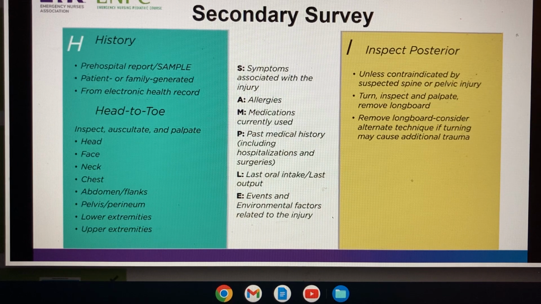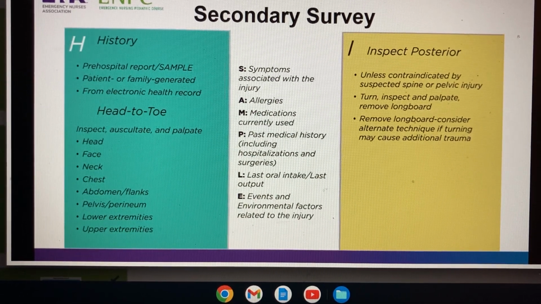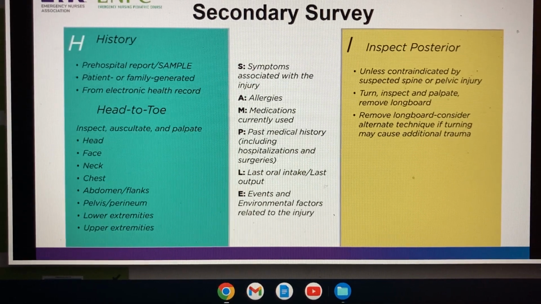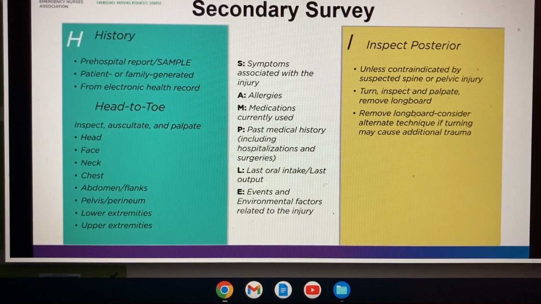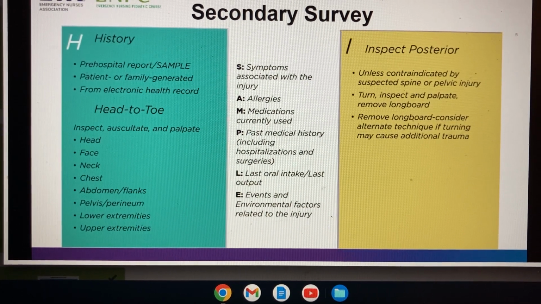Before log rolling the patient, consider the possibility of a spine or pelvic injury based on the patient assessment. It may be safest to obtain imaging first or use alternate techniques to move the patient, as log rolling may worsen cord injury in the unstable spine or cause hemorrhage in the unstable pelvis.